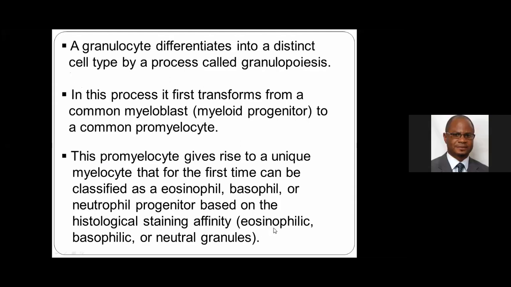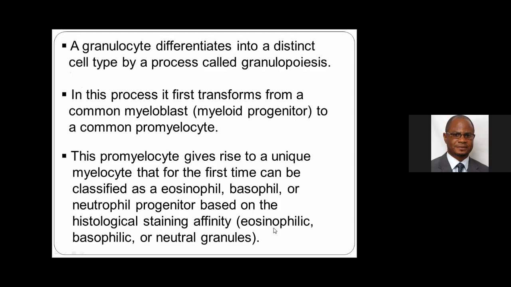If you know how the cells are named: eosinophil, eosin-loving cell; basophil, basic-stain-loving cell; neutrophil, neutral-staining cell. So when you put Leishman stain on a white cell, the eosinophilic cells will pick up the eosin and not the methylene blue. The basophilic cells will pick up the methylene blue and not the eosin.